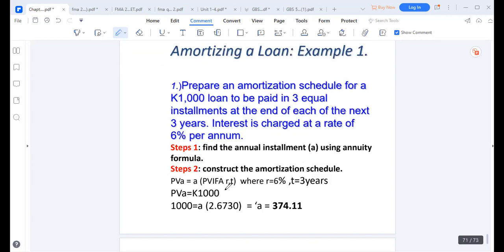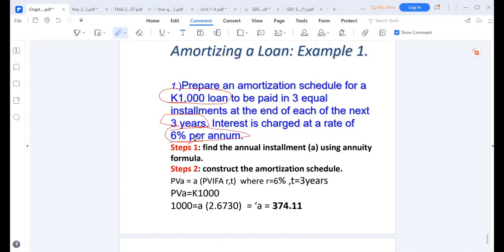Now prepare an amortization schedule for a loan of 1,000 kwacha, with interest charged at 6% per annum over 3 years. The amount is 1,000, 3 years, 6% annual interest rate.